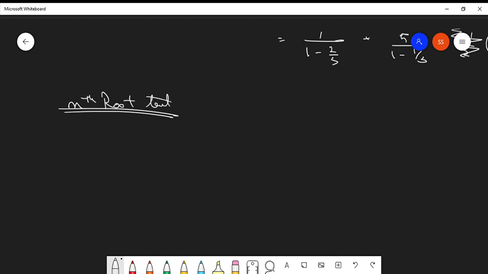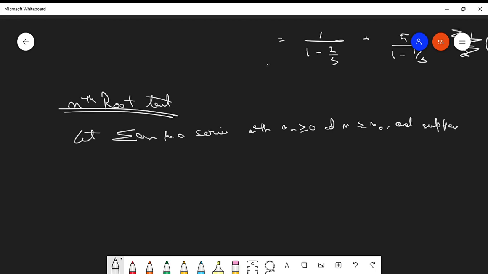So what does the nth root test say? Let us take the example. Let the sum of a_n be a series with a_n greater than or equal to 0 for n greater than or equal to n naught, and suppose the limit as n tends to infinity of the nth root of a_n is some p.